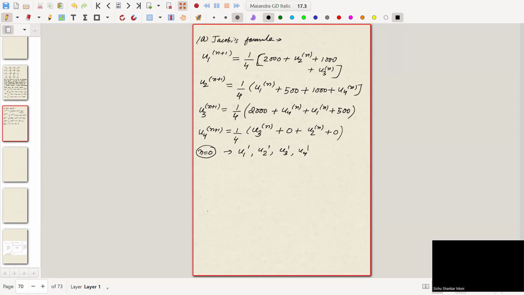I just want your answers of this first iteration only. Then you can keep on doing this. I encourage you to do maybe till the 7th iteration by hand, just to get a hang of this method. You have to solve it one time, then you are good to go.